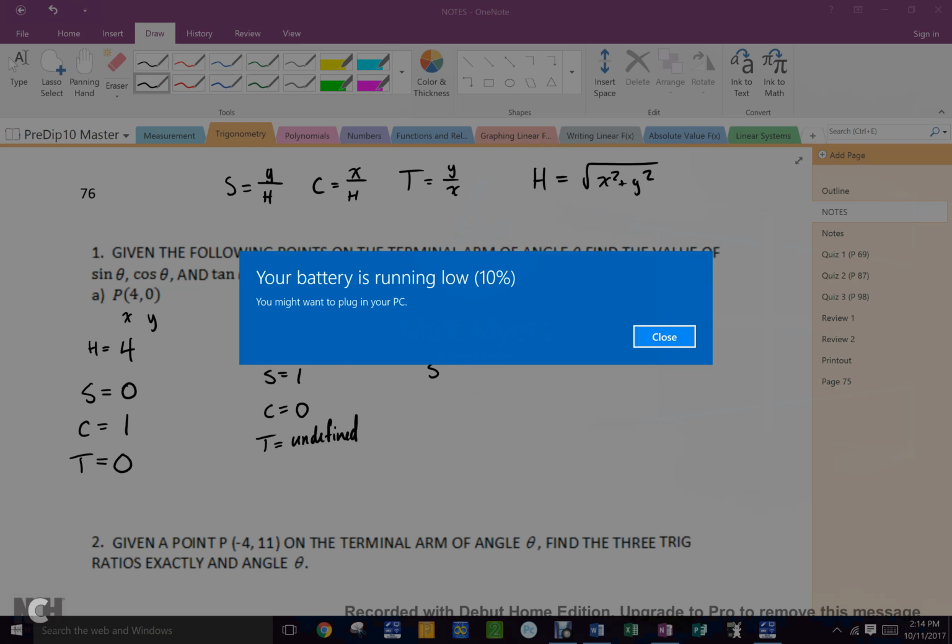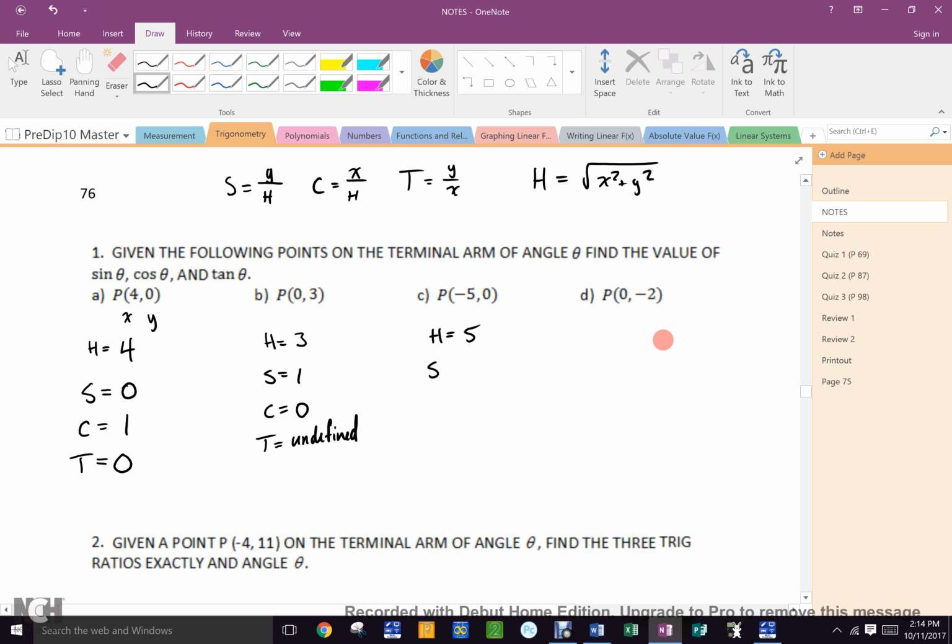So you guys finish sine, cos, and tan for that one while I fix yet another problem. What sine? Okay, guys.